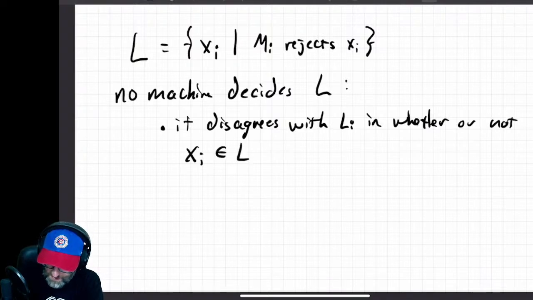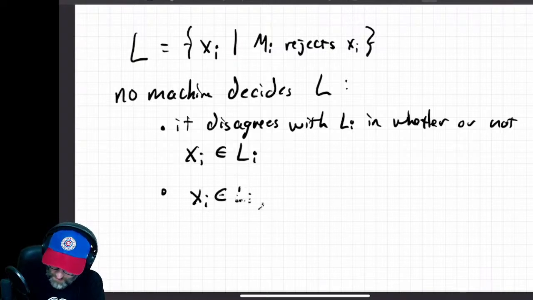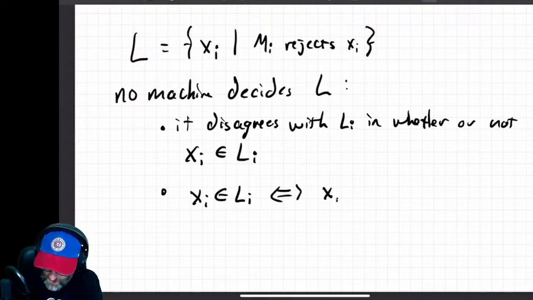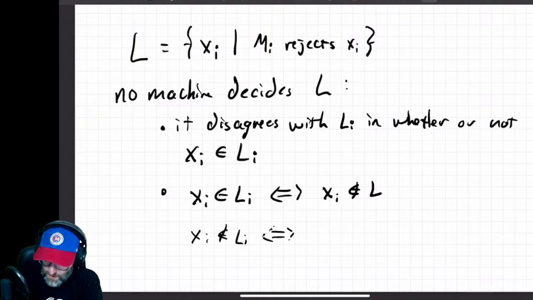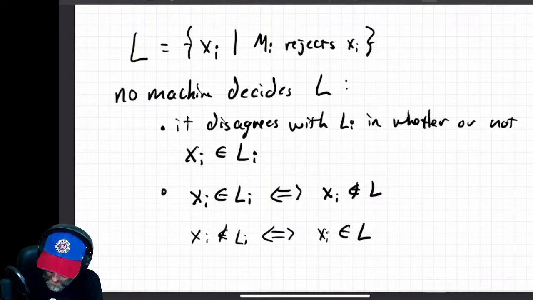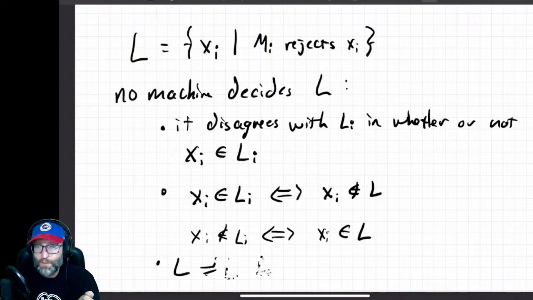X sub i is in L sub i if and only if, by the definition that I just created up here, X sub i is not in L. And likewise, by exclusion, X sub i is not in L sub i if and only if X sub i is in that other language. So in other words, L is not equal to any L sub i for any i. So I've come up with a language here that no machine decides.